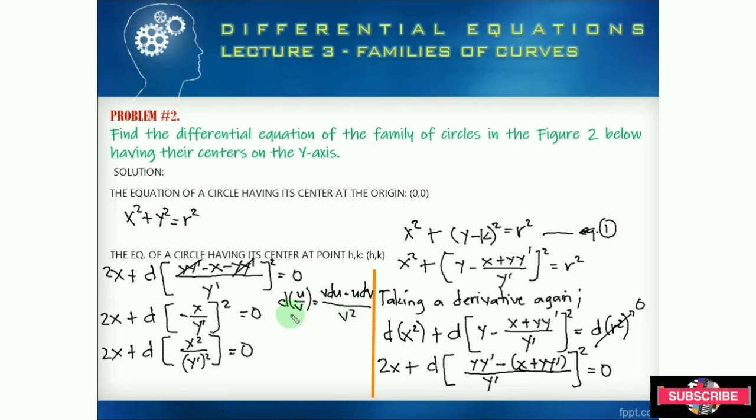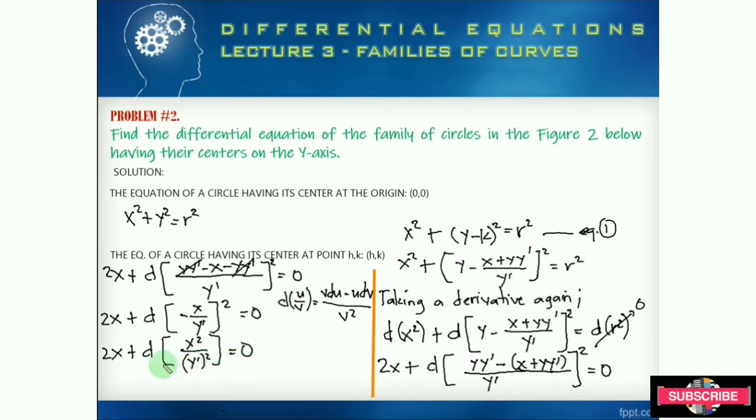Again, b times the derivative of u minus u times the derivative of b all over this b squared. So we can apply it here now, where our u is x squared and our b is our y prime squared.